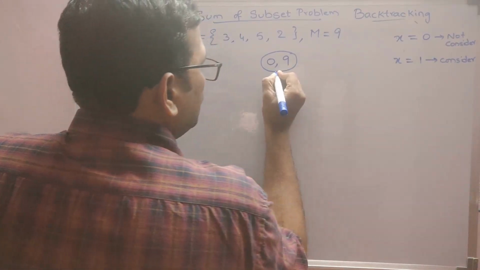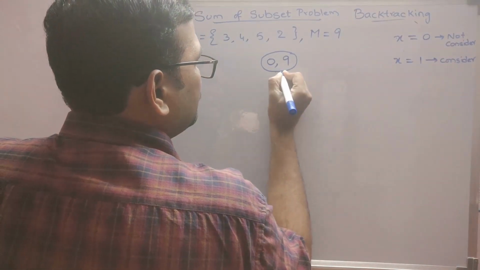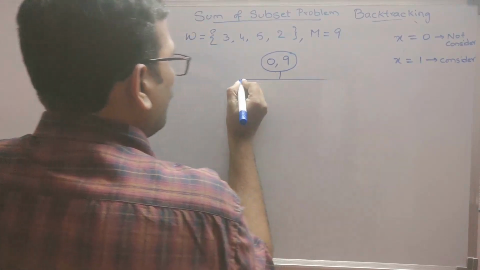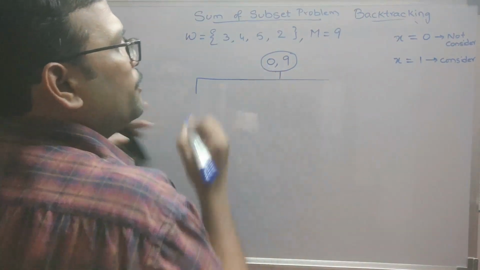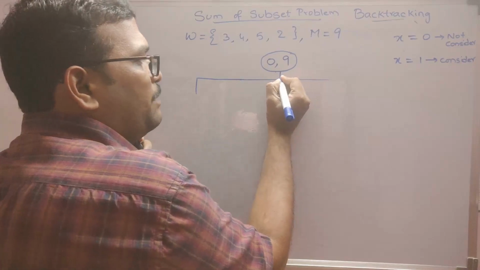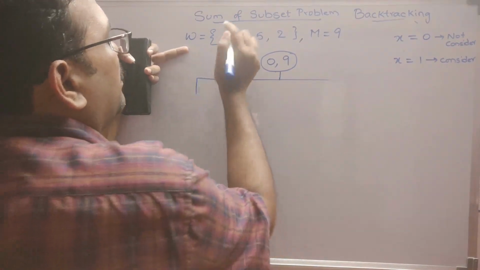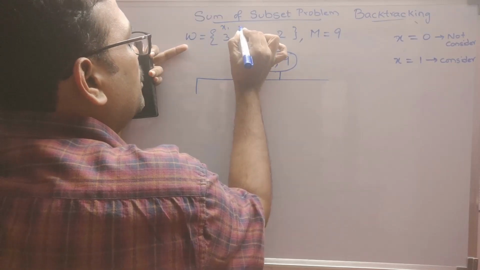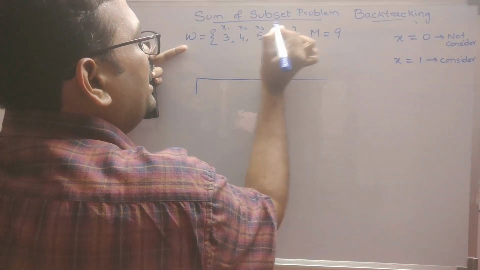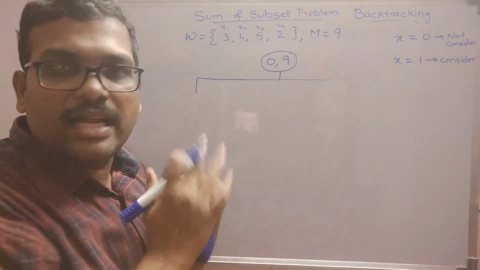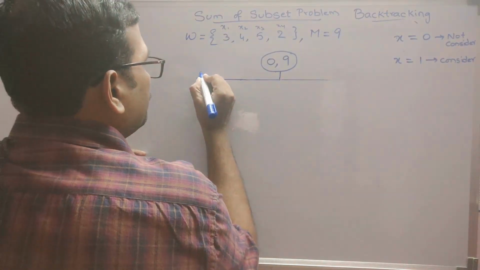Now, let us consider adding one element, the first element. I will write here x1, x2, x3, x4. Four elements are there. Consider x1.